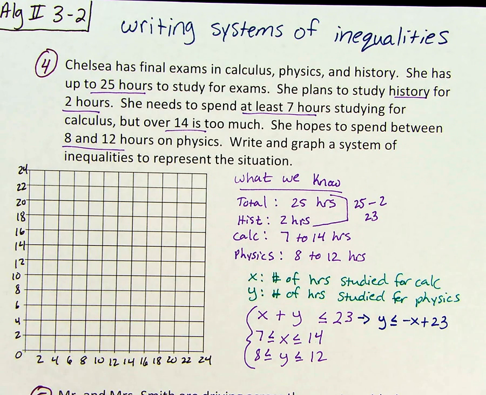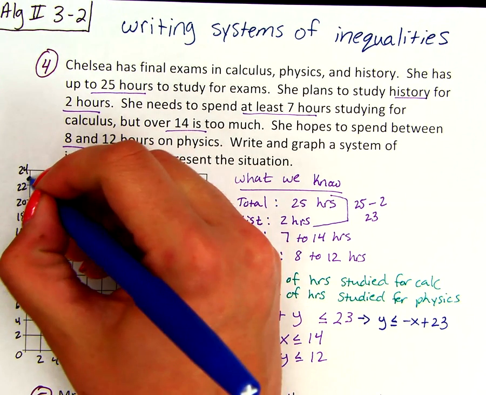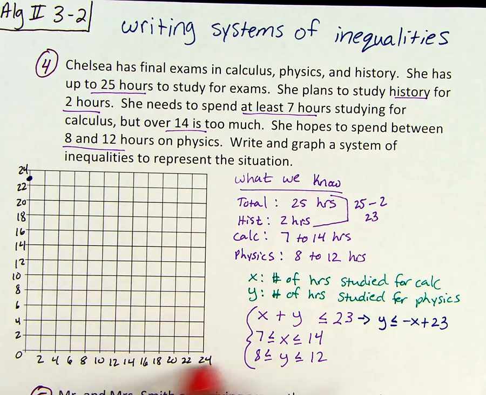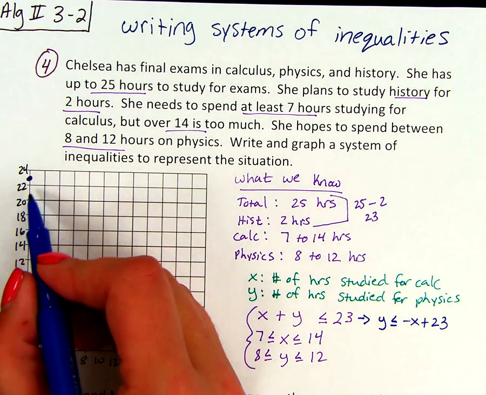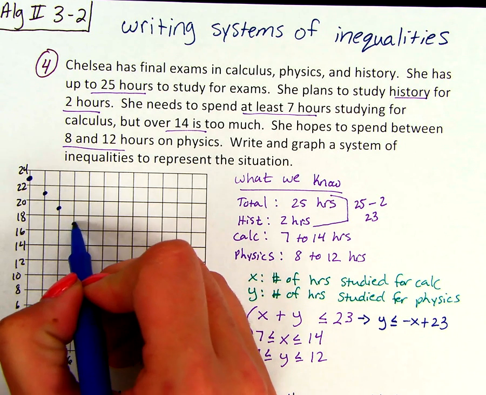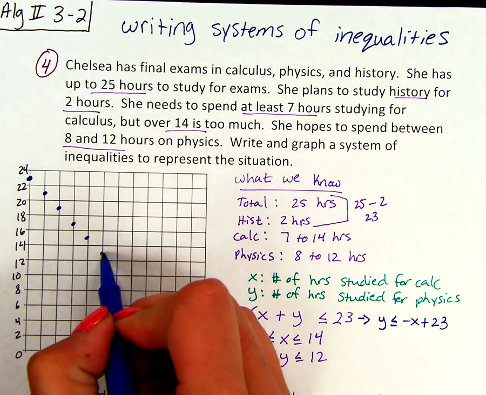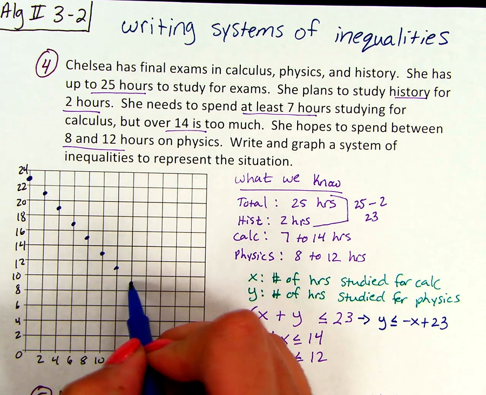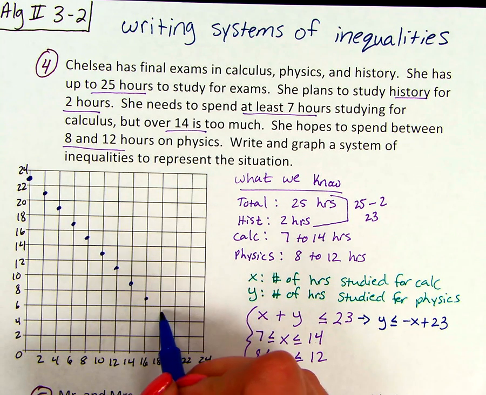So if we just graph our top equation, we're going to start up at 23. And then as long as your scale is the same for both your x and y, we can still follow our slope rules. So I'm going to go down one box over one. And the number of points that you put doesn't really matter.